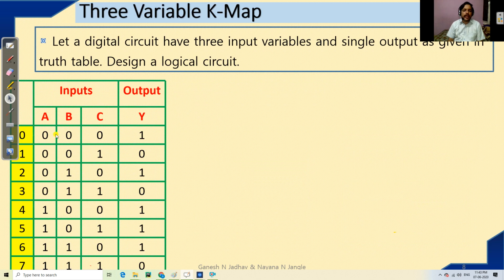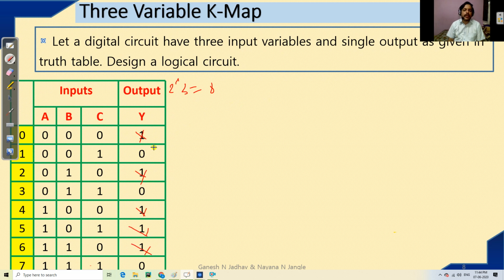There are 3 inputs A, B, C, so the total combinations are 2 raised to 3, meaning 8 combinations. 000, 001, 010, 011, 100, and likewise it goes up to 111. So 0 to 7 means 8 combinations, and the corresponding outputs are mentioned. As this is in POS form, we have to neglect where the output is 1, so I will neglect all those with output 1.